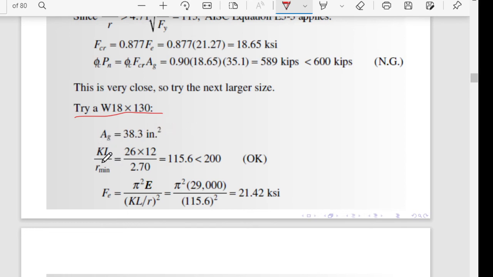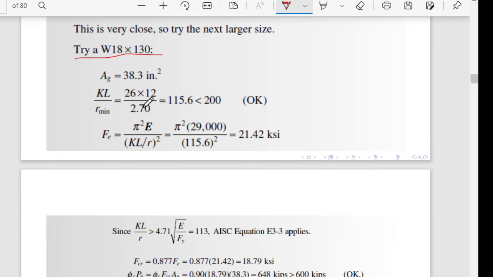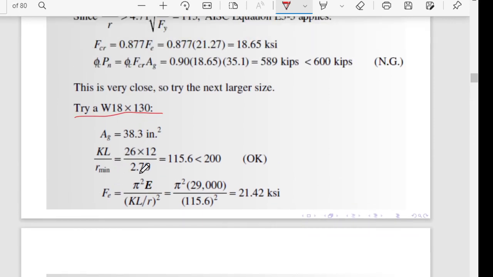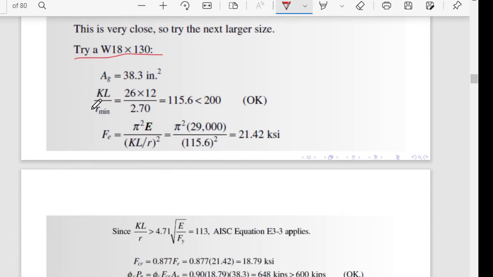Again, compute for the slenderness ratio using the minimum radius of gyration of this new section, which in the table is 2.7. Still less than 200, so okay. Then compute again the buckling stress FE using this value of the slenderness ratio. The value for the buckling stress is 21.42.